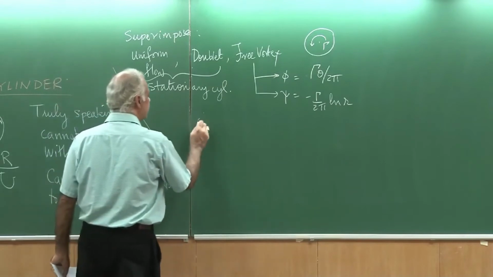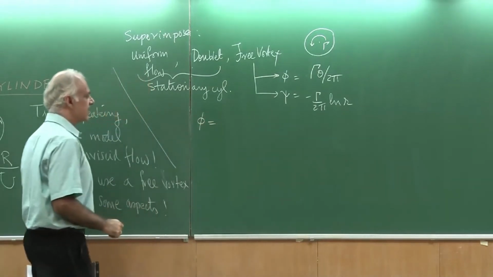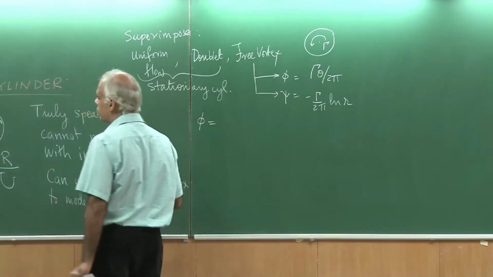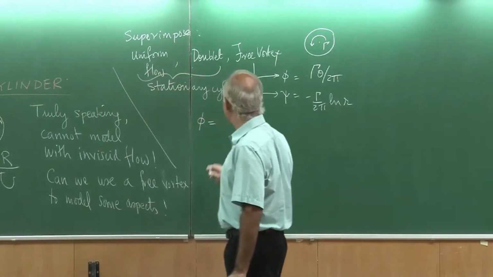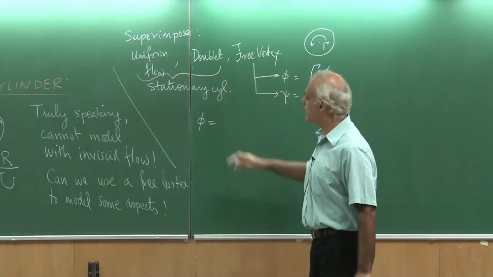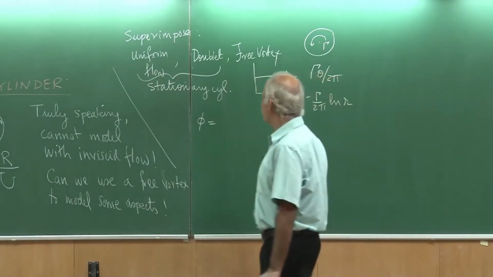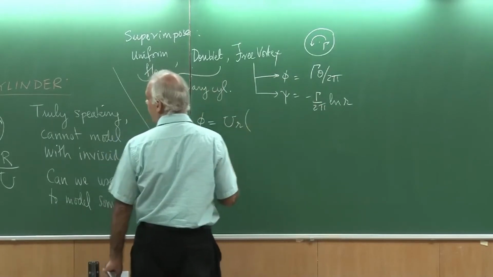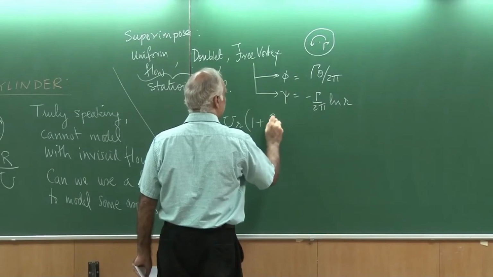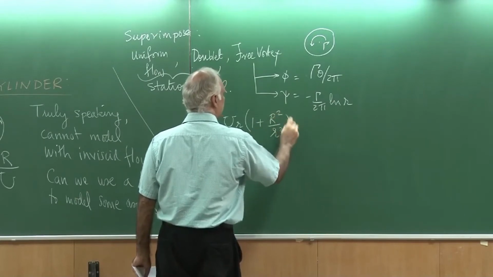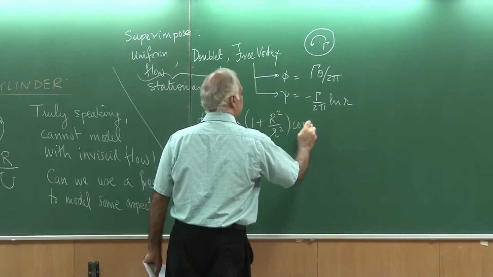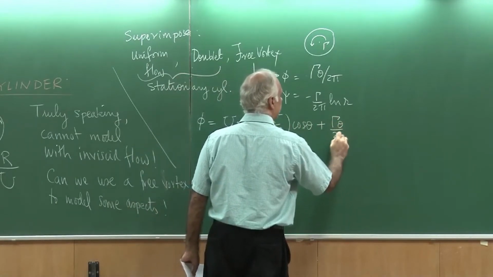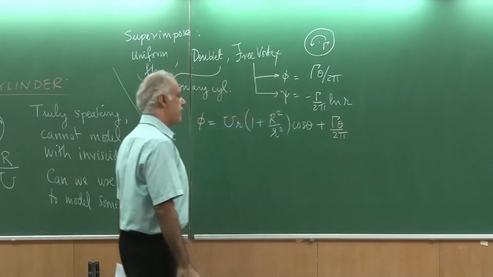Okay, so the proposal is that now for the combined flow with a free vortex, I will take the phi for a stationary cylinder and superimpose on it a free vortex. So the phi that I get is u times r, 1 plus R square by small r square, cosine theta, and I add to it gamma theta by 2 pi.